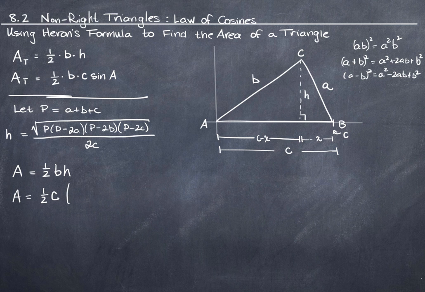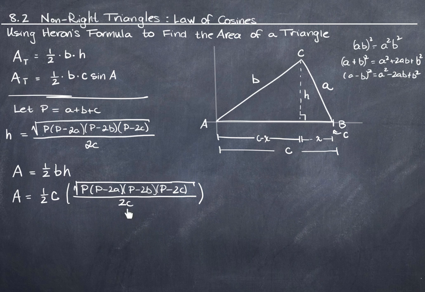And height here is the square root of P times P minus 2A times P minus 2B times P minus 2C all over 2C.